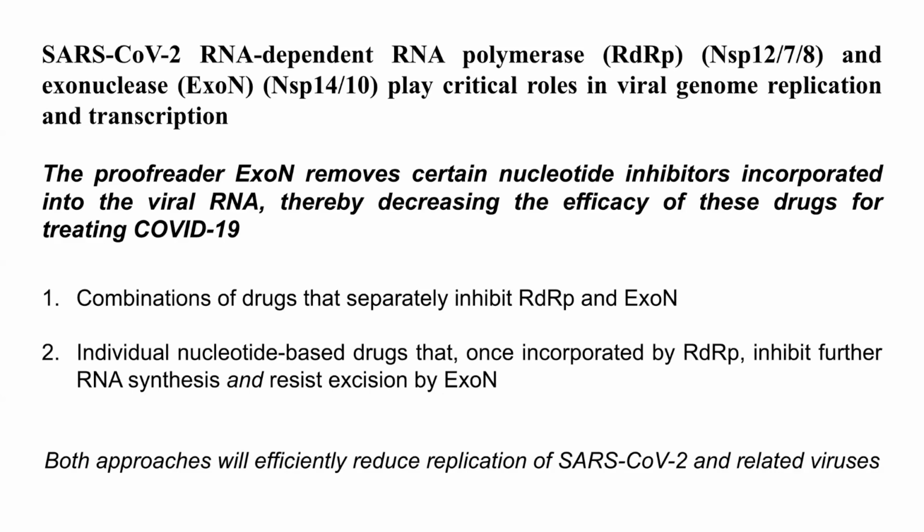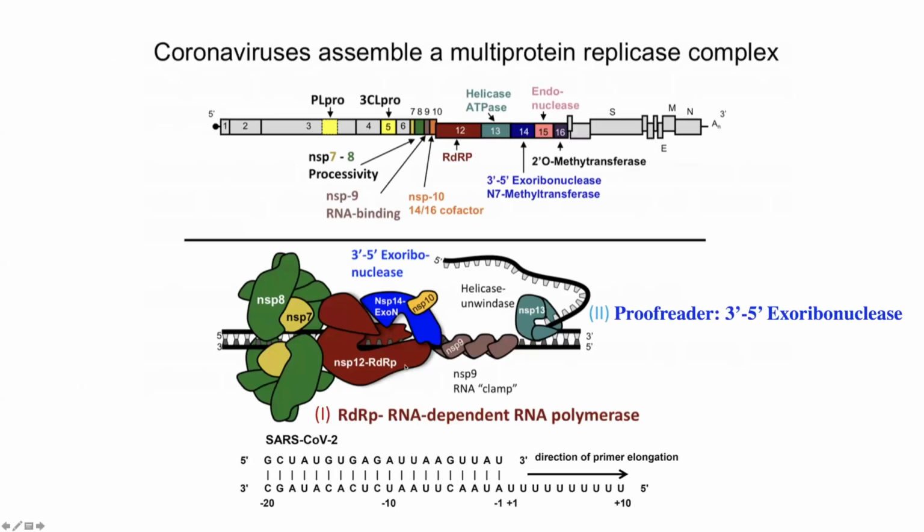Here, we don't need to directly inhibit the exonuclease; we basically bypass the excision, because the exonuclease cannot remove the nucleotide because of its unique features. Both of these approaches will efficiently reduce replication of coronavirus and related viruses.